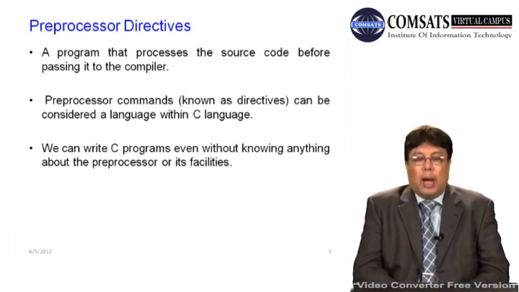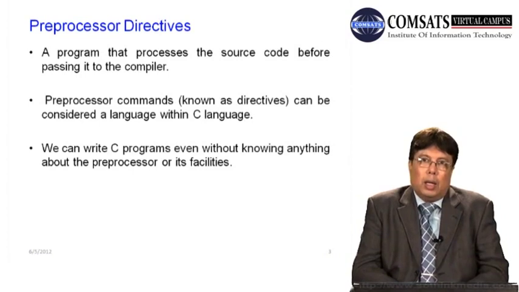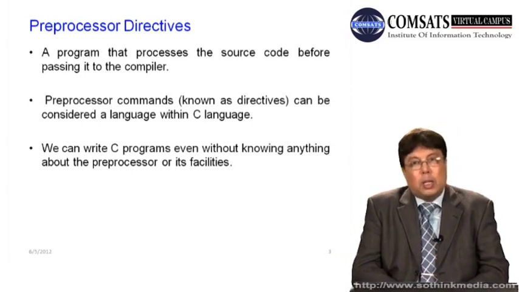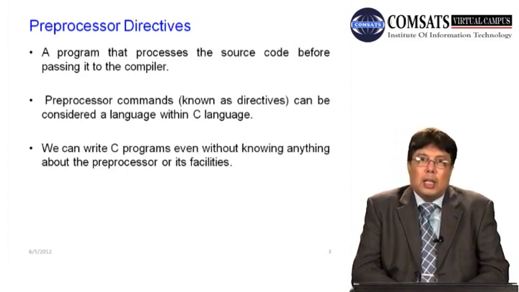Preprocessor directives are programs that process the source code before passing it to the compiler. Okay, and preprocessor commands are called preprocessing or preprocessor directives. This is considered a language within the C language.